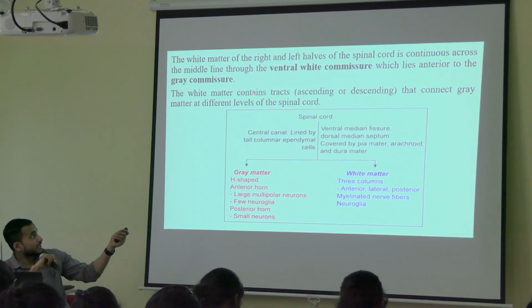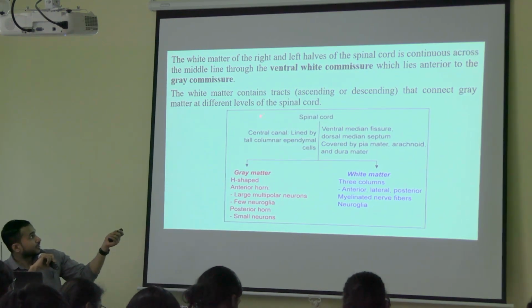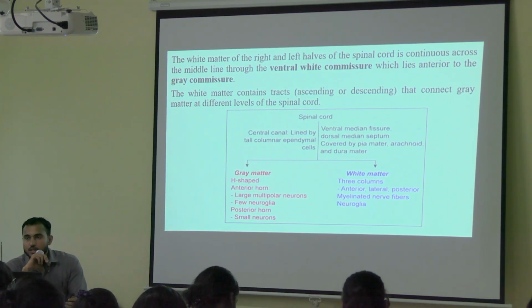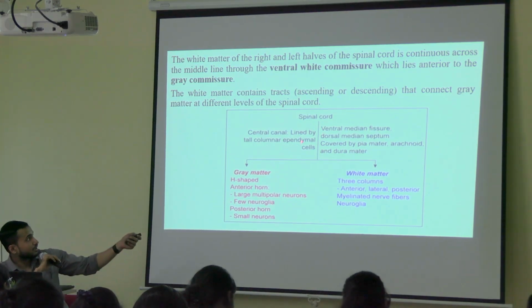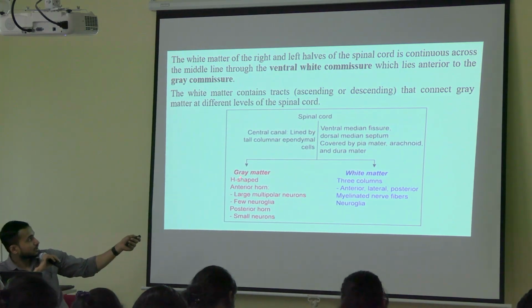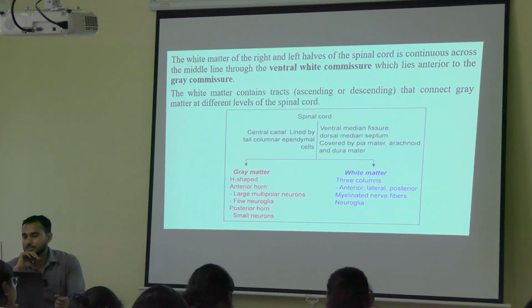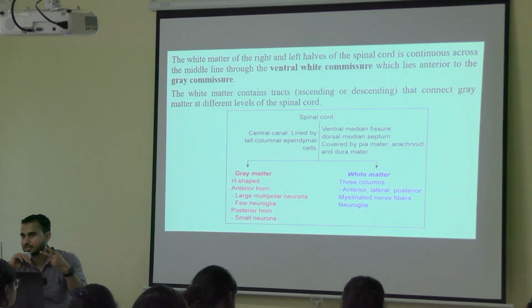Now in white matter, as you can see, ascending or descending tracts connect gray matter at different levels of the spinal cord. This you have already studied. Okay, so in case of histology of the spinal cord, first of all, gray matter and white matter are there. Gray matter is H-shaped, centrally placed. What you can see in the gray matter, two horns are seen.